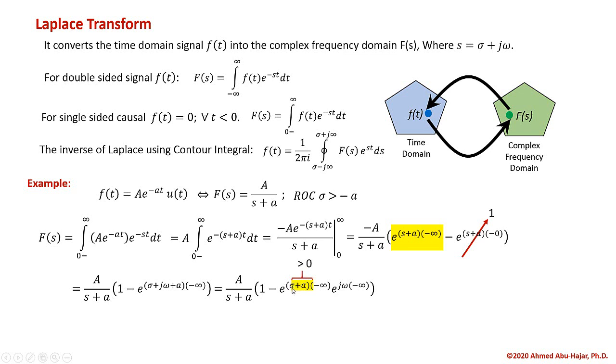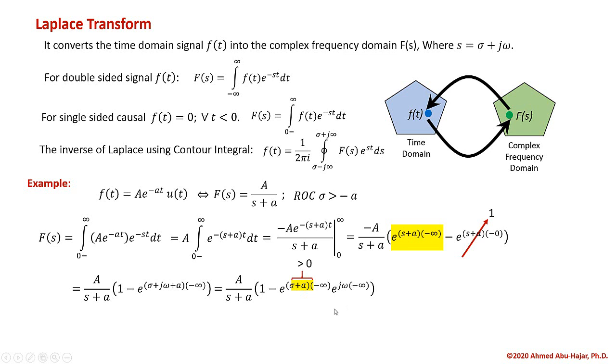So as long as sigma plus a is bigger than 0, we will have e to the positive value times negative infinity. This will give us e to the negative infinity. So if this is the case, the entire term here is going to go to 0 because e to the negative infinity is 0.